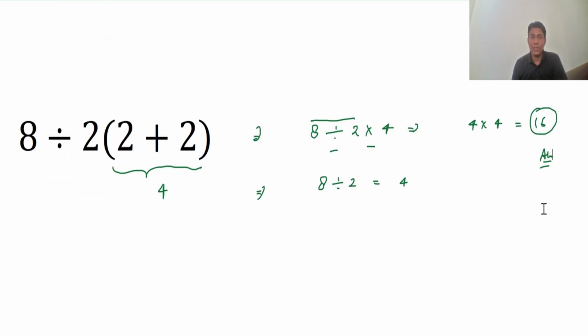There is also another answer that people are getting, and it happens if they make a slight mistake in the order of operations, so they get an answer that is in fact wrong. People also do this question like 8 divided by 2 times (2 + 2). Very first they calculate 2 + 2, which gives them 4.